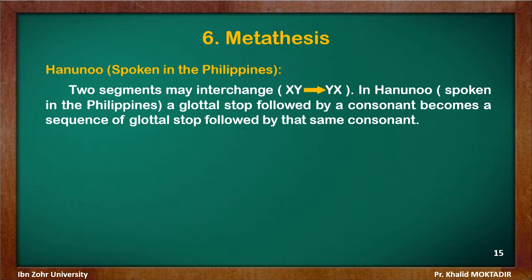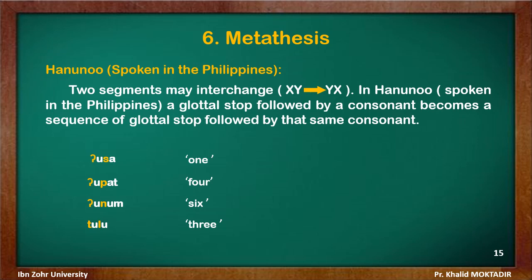A glottal stop, when followed by a consonant, is in another morphological form a glottal stop followed by... We shift and swap the order of the glottal stop and the consonant. Look at these examples: usa, upat, unum, and tulu.